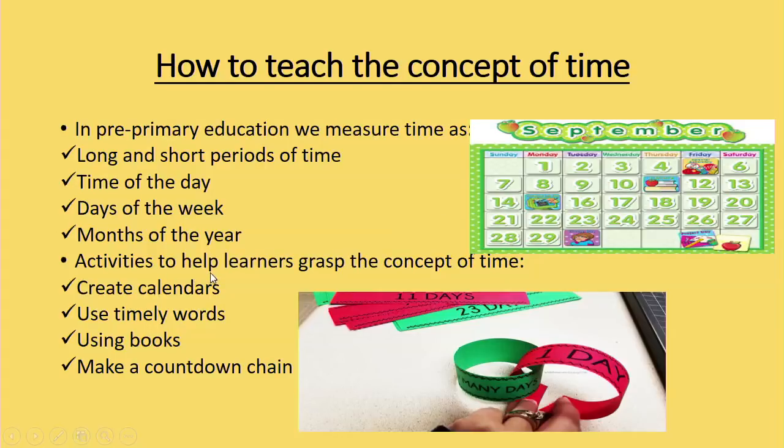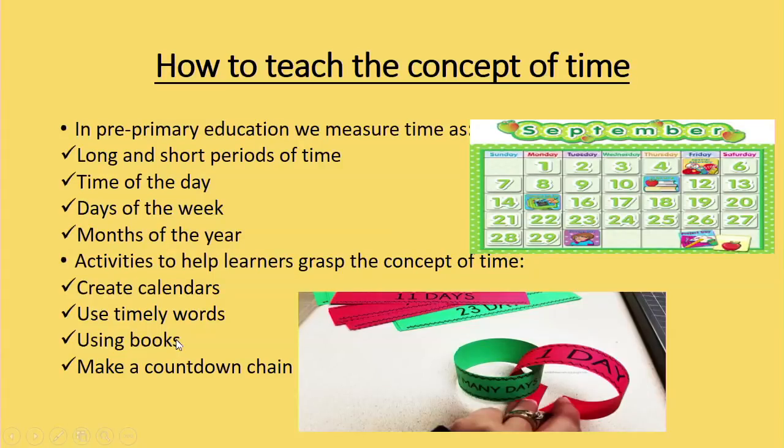So, the activities to help learners grasp the concept of time. Like I already said, we create calendars. We use timely words: tomorrow, today, yesterday. We can read books to them about time. And we can also make a countdown chain, like in the example here, where, say for instance, we ask when is our next school holiday.